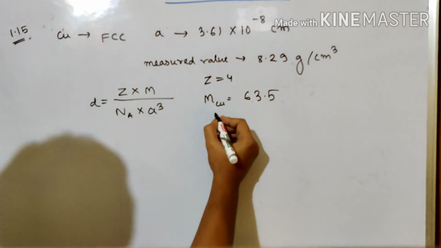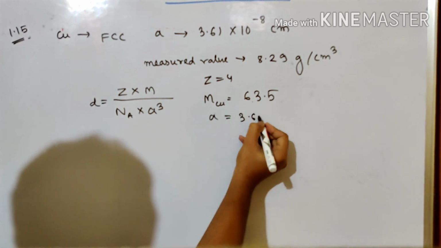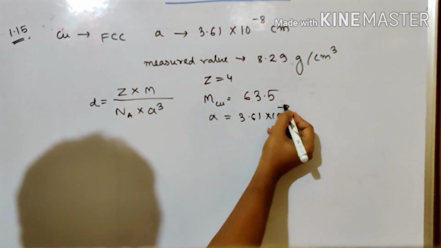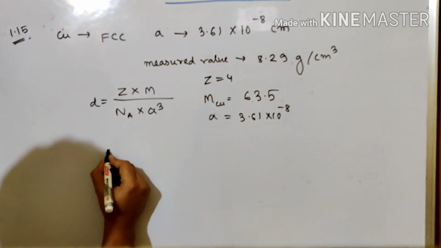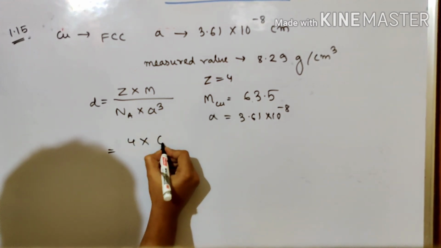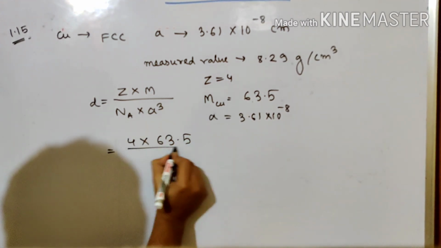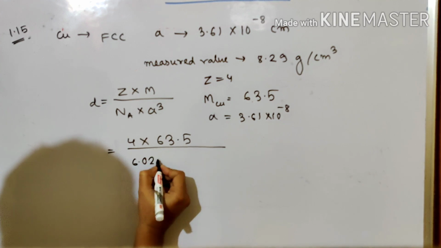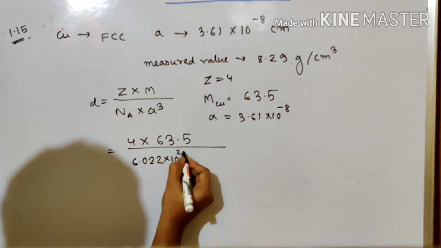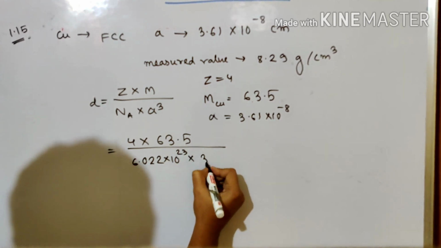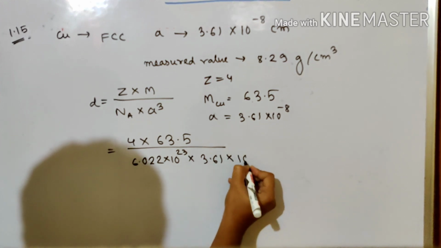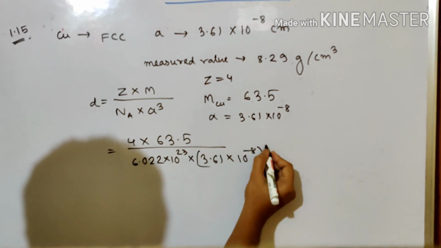Then the value of A is also given, 3.61 into 10 to the power minus 8. So let us put these values directly. It should be 4 into 63.5 divided by 6.022 into 10 to the power 23 into 3.61 into 10 to the power minus 8 cube of it.